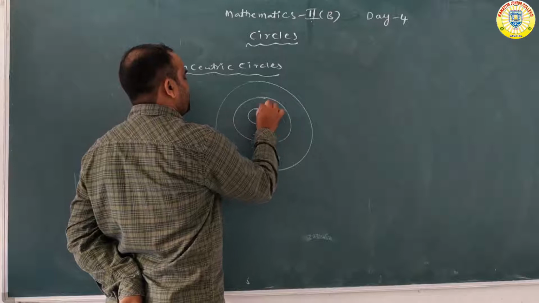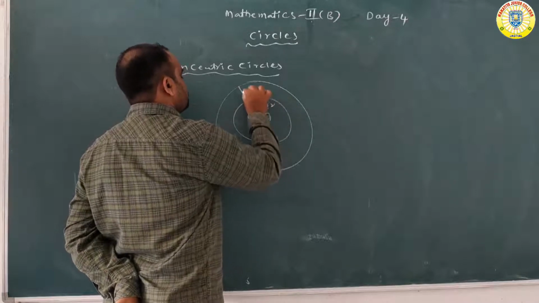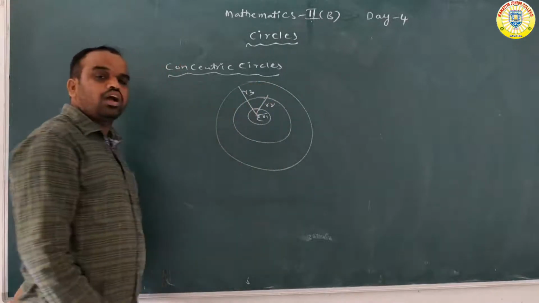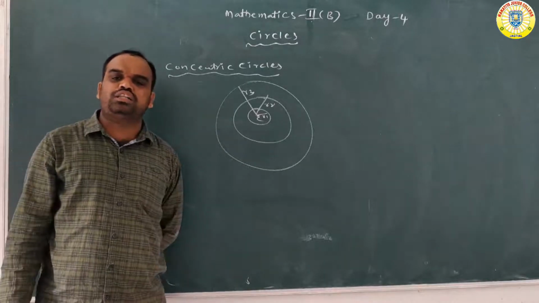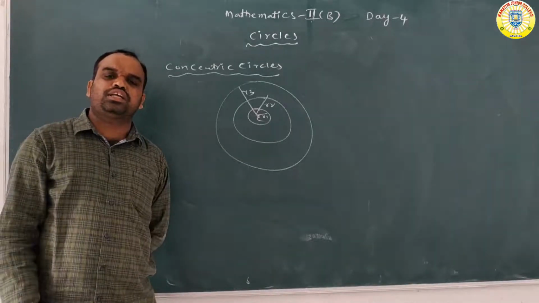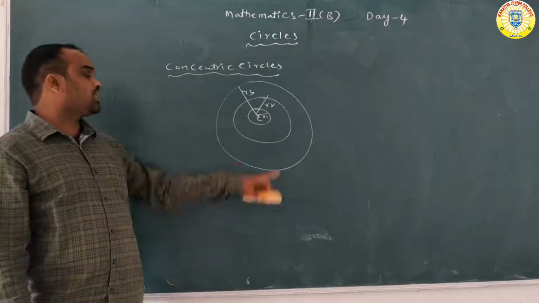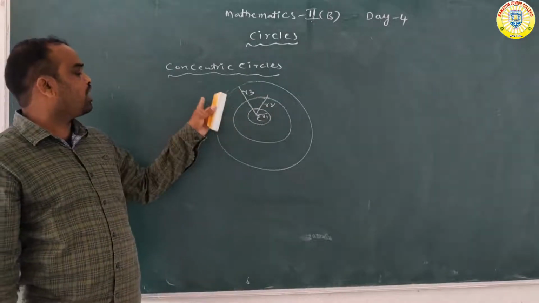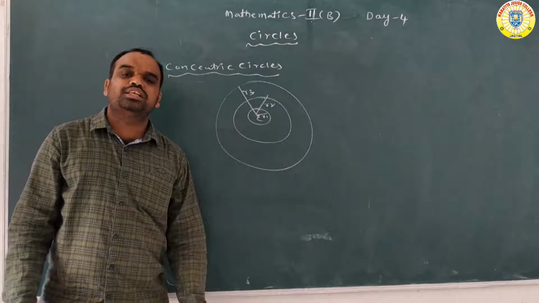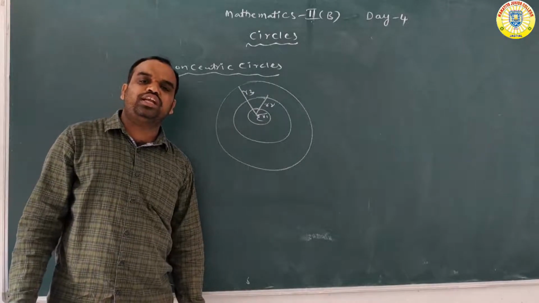This is R1, this is R2, this is R3. R1, R2, R3 are the radii of the circles.